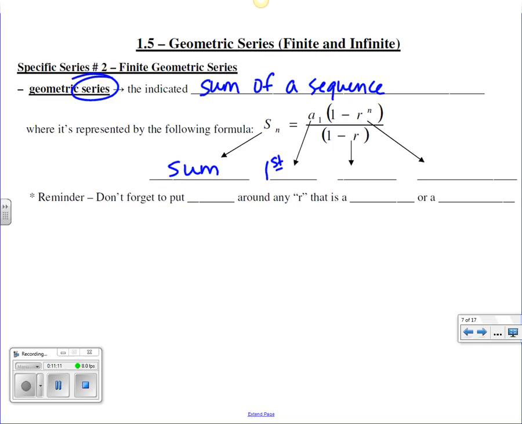First term. What is R? And then R to the N is just the ratio to the nth degree. And N stands for the same thing. What does N stand for? The number of terms. Okay.